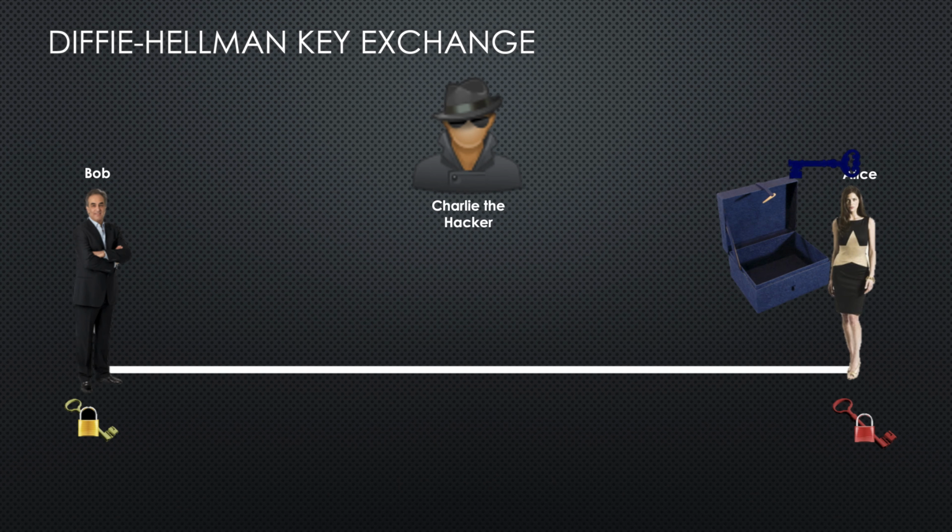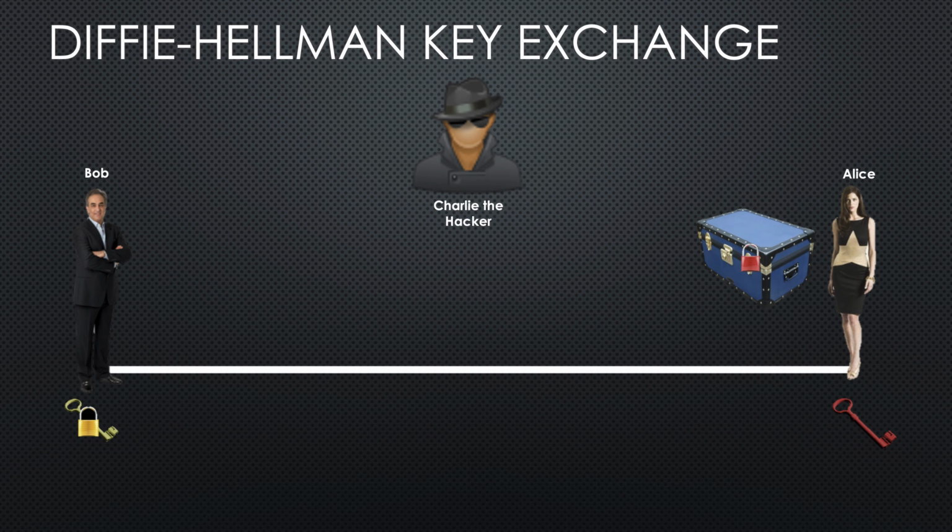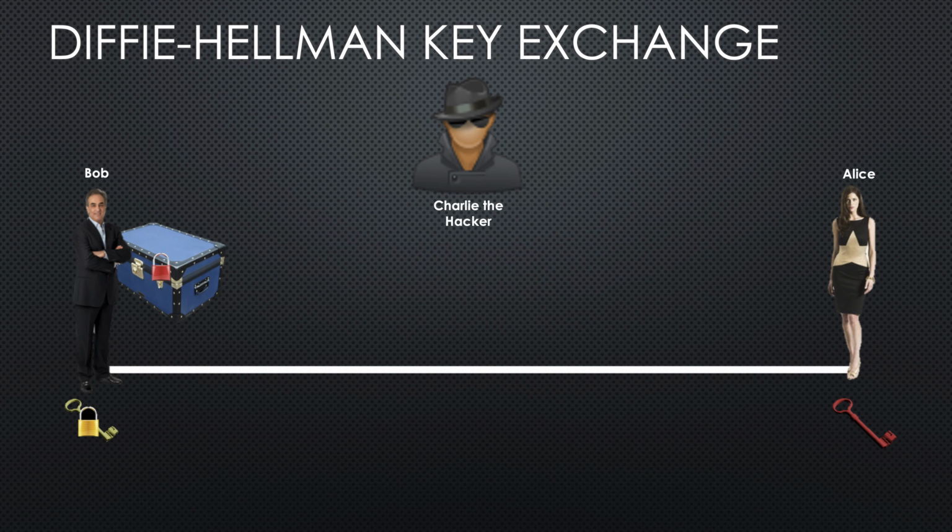So she places the blue key, which represents the message here, into her chest, and she signs it with her red key and attaches a padlock. She then sends that securely to Bob. Now, Bob can see that it's come from Alice because Bob can see Alice's public key. So he knows that it's come from the right person.